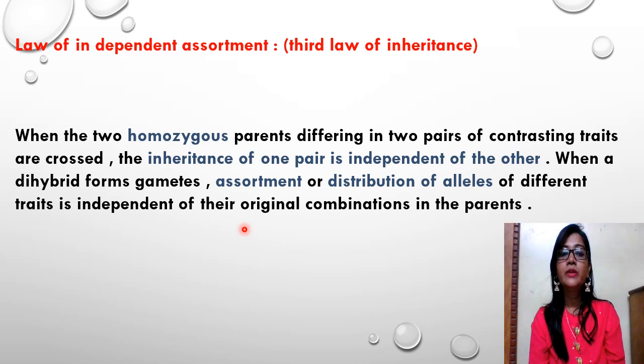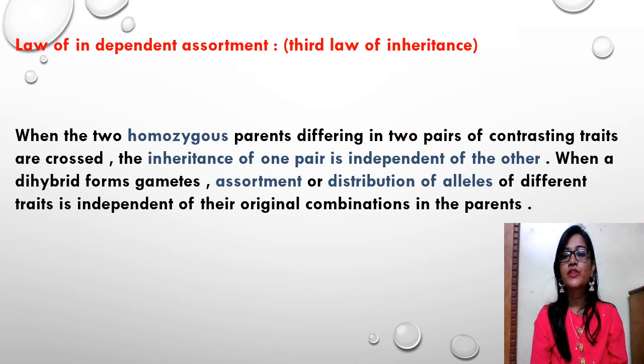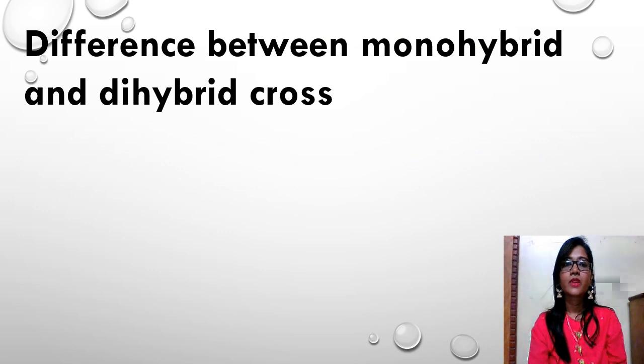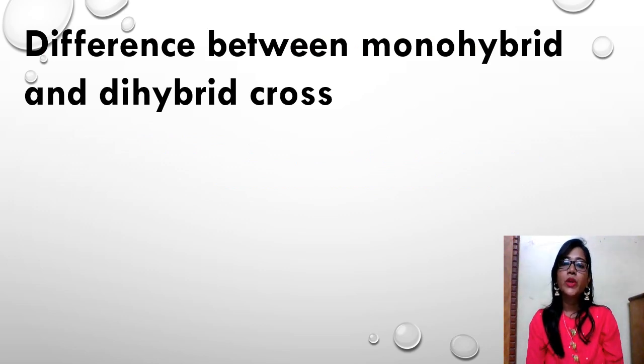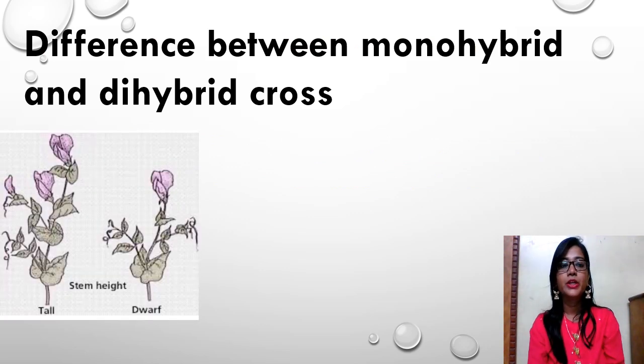Mendel observed this and reported that the alleles are independently distributed. So this is the law of independent assortment.